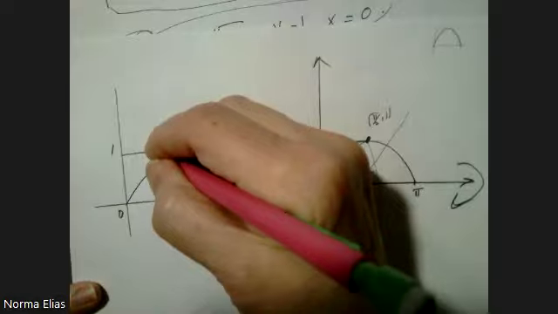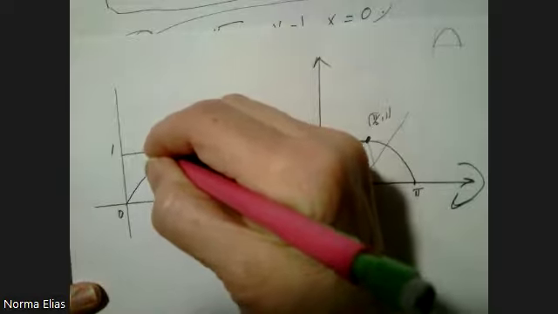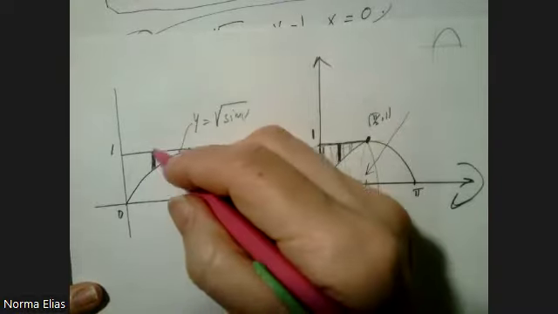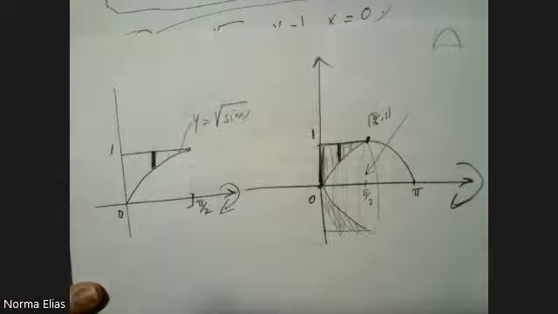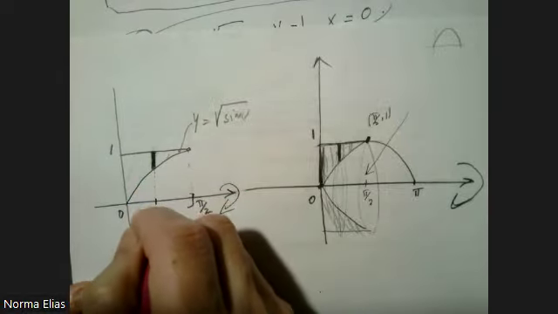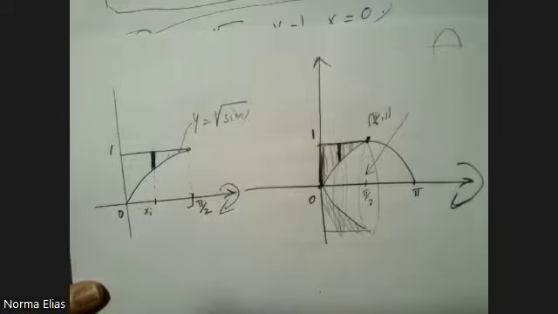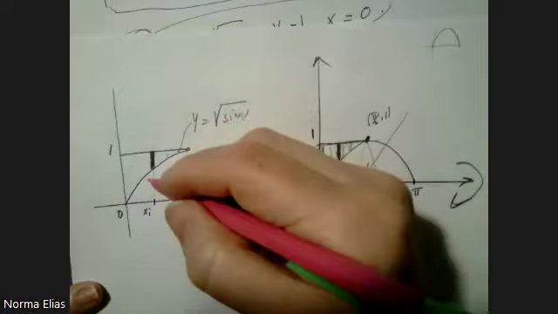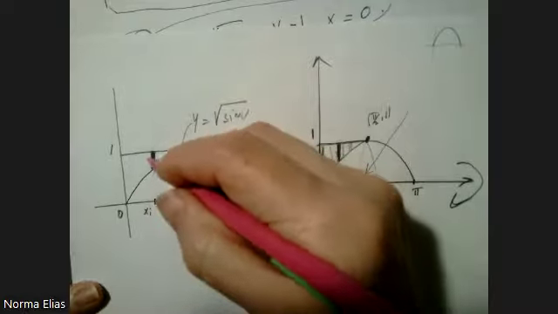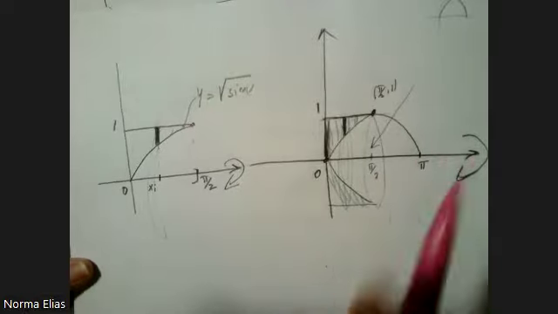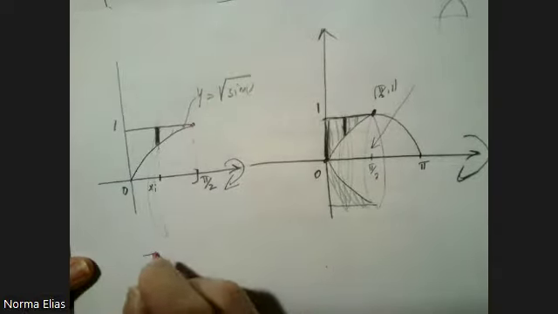So now I'm going to take a very typical piece right here. That's really my little piece that I'm going to rotate. And when I rotate it, I'm getting the washer over here. So from down, I'm going to go down, and I'm going to label this xi. You can label it x if you want. For xi, I will accept both labels. So now when I rotate this piece, we know that we are going to get a washer because we have a big hole in here. And our job is basically to find the volume of the washer. So I will focus on a typical washer.